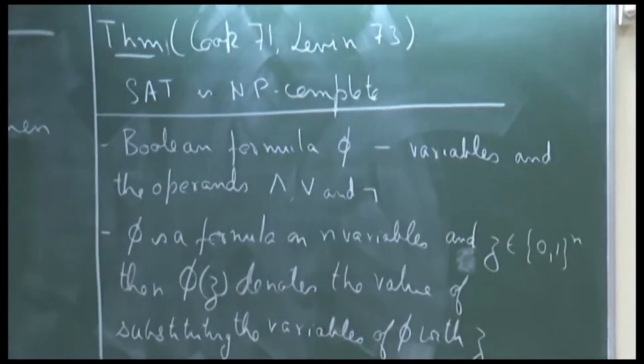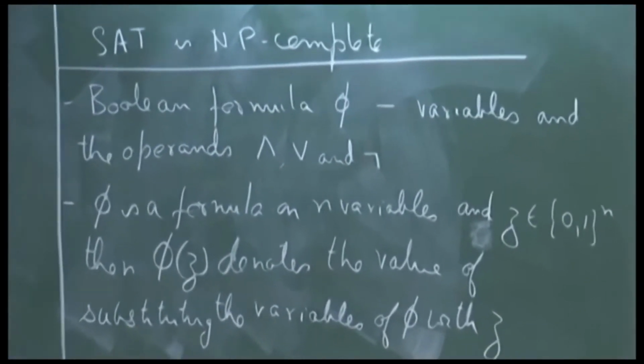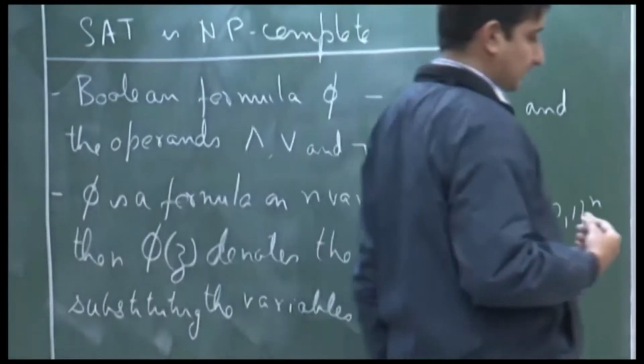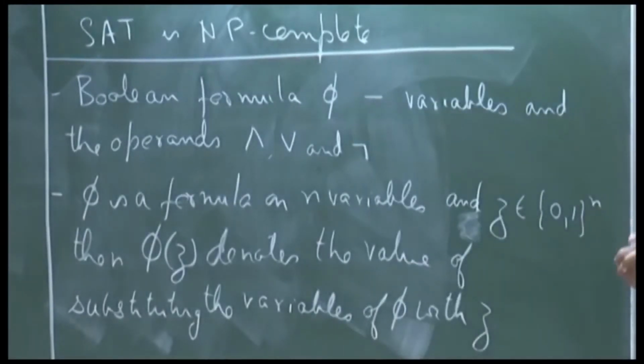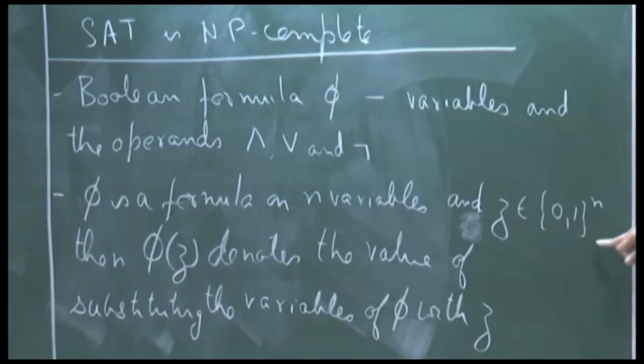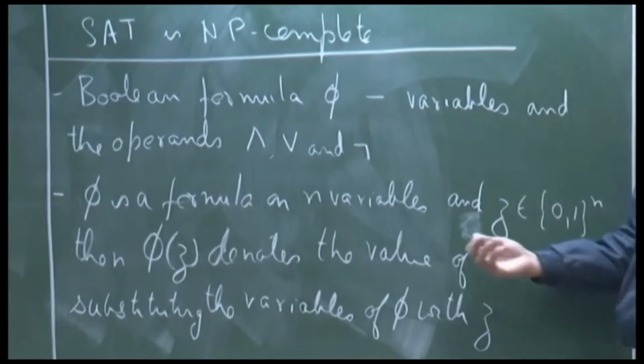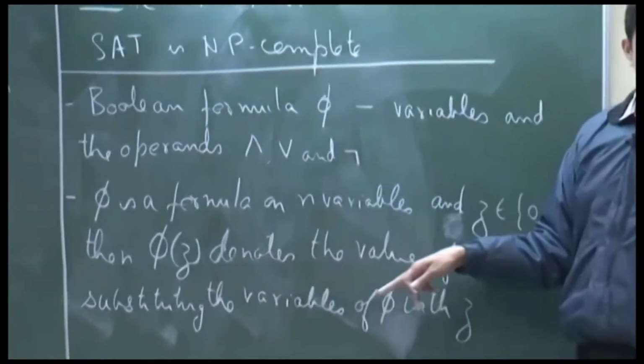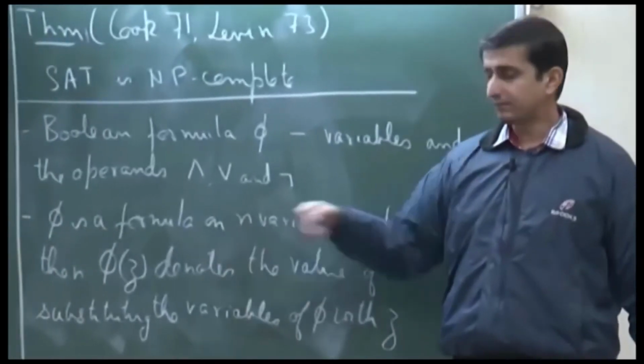Basically, you take the first variable of phi wherever it occurs and you replace it with the first bit of z and so on. Whatever value you get as a result is what phi of z is.